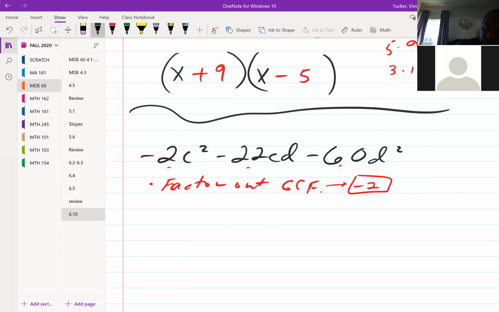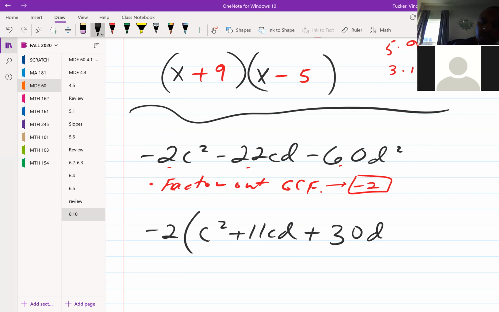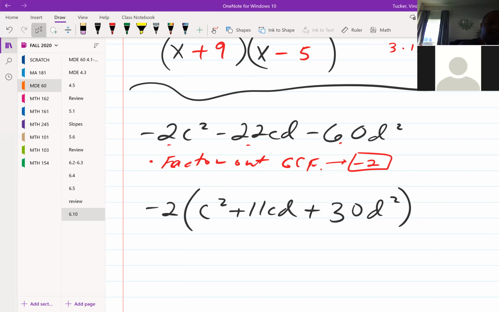So that'd be c squared plus 11cd plus 30d squared. Any questions so far?